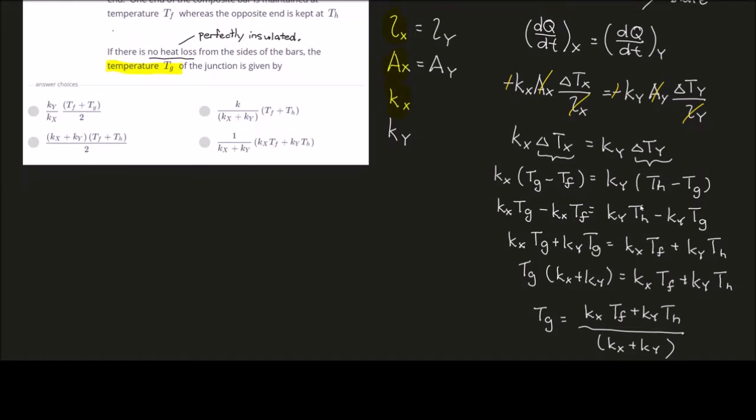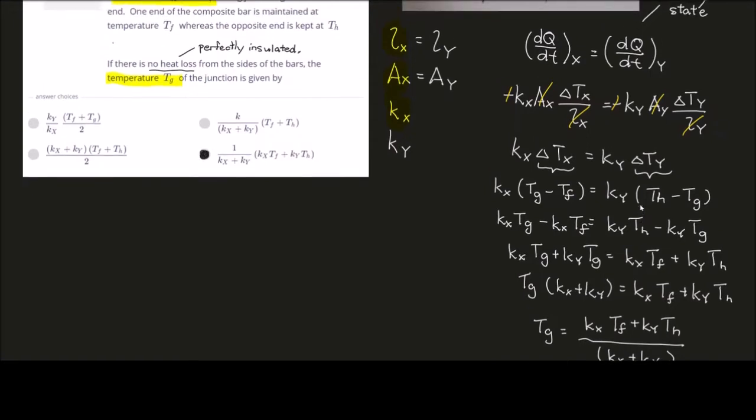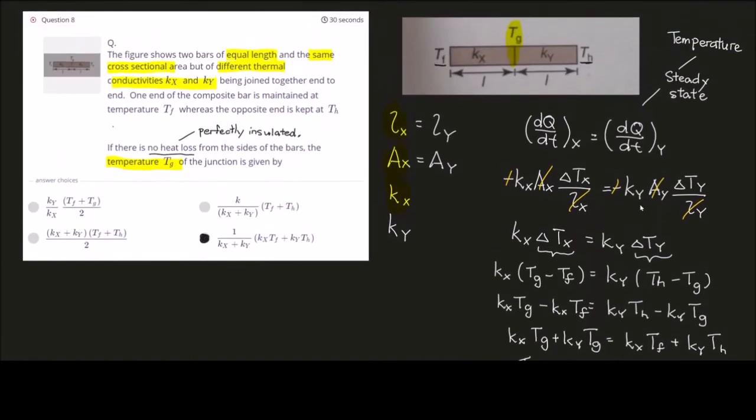So if you are okay with algebra, you slowly move through it, eventually you'll get the answer. It's a matter of being confident with your mathematical skills, but of course it can be improved through a lot of practice. So the answer is D. That's all for question 8. Let's move on to the next question.